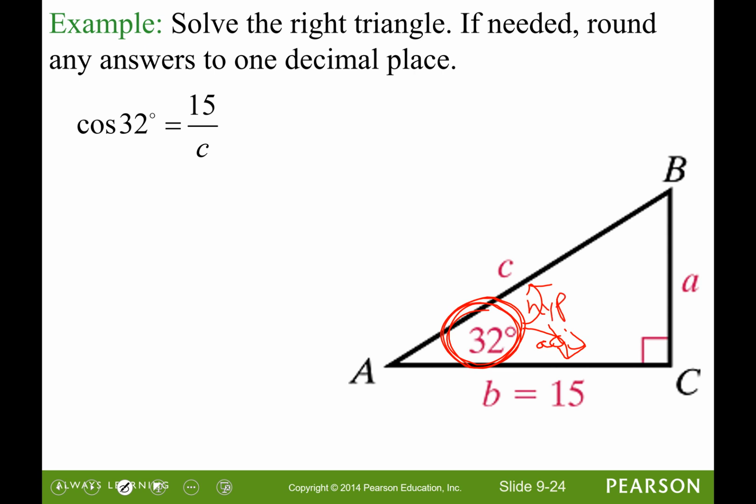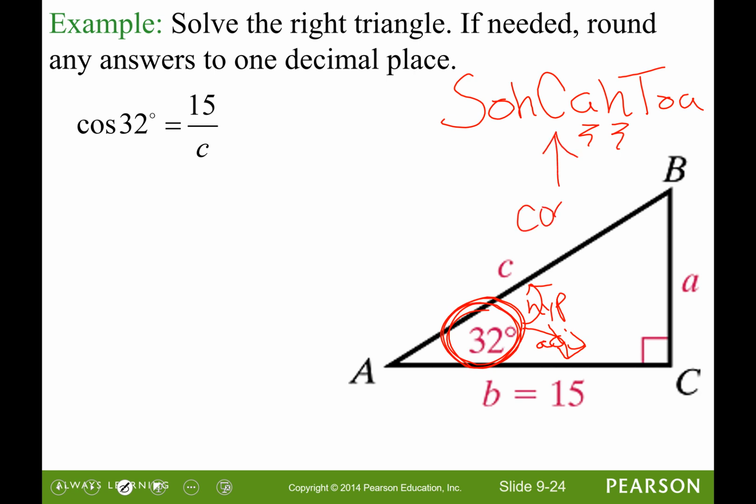What is the trigonometric function that involves adjacent and hypotenuse? It is cosine. So our equation with an unknown in it would be cosine of 32 degrees is equivalent to the length of the adjacent side over the length of the hypotenuse.